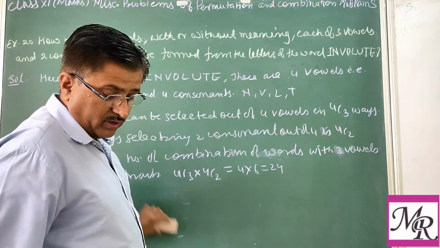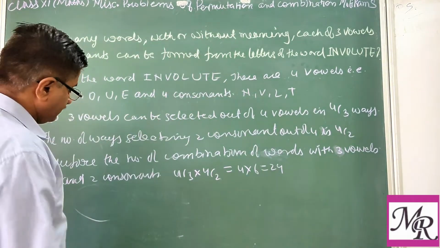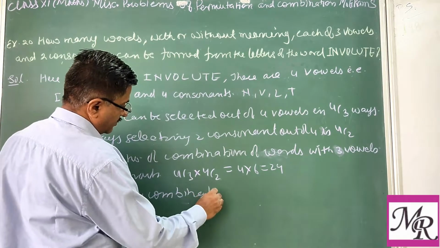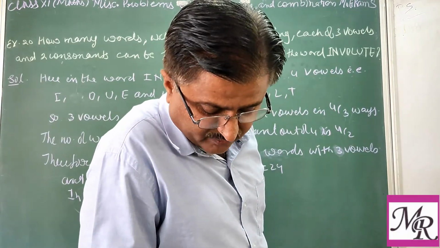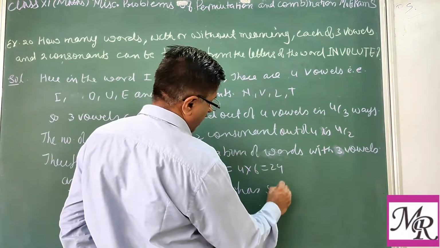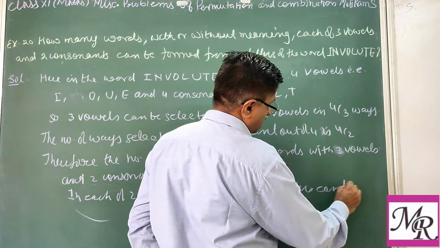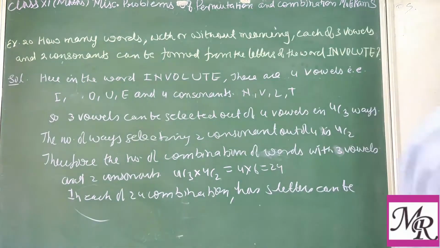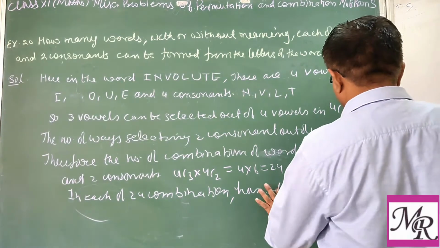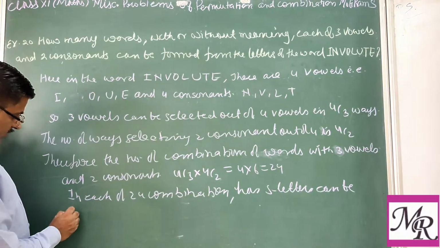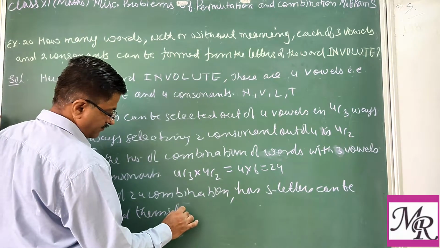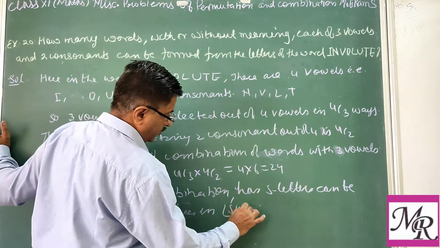So you may write one more line: in each of these 24 combinations there are 5 letters, which can be arranged among themselves in factorial 5 ways.